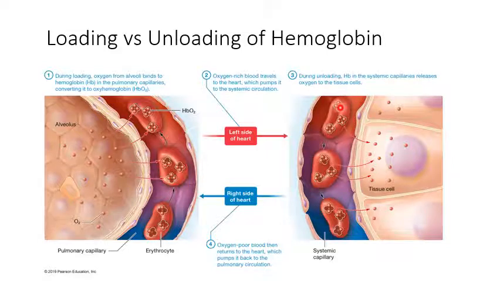So here you have a systemic capillary, and now the oxygen needs to come off of the hemoglobin and diffuse across the capillary wall to the tissues. That's called unloading of hemoglobin. So when oxygen attaches to hemoglobin, that's loading. When oxygen detaches from hemoglobin, that's unloading. After all this oxygen has unloaded, you're just left with a little bit behind on the hemoglobin still.